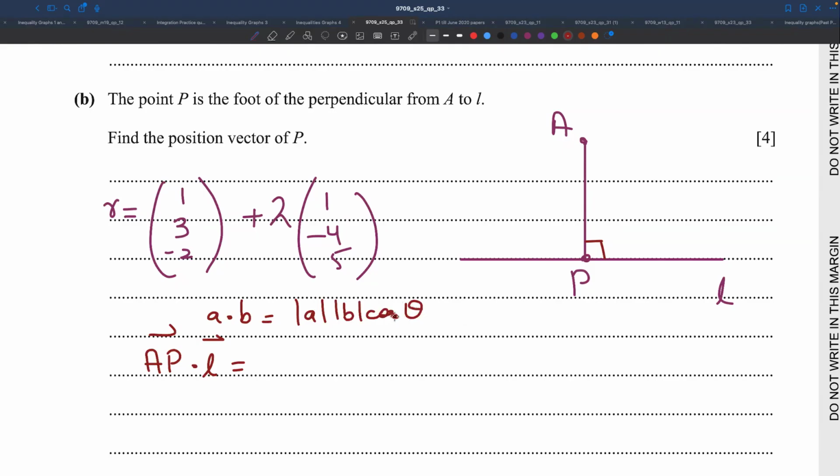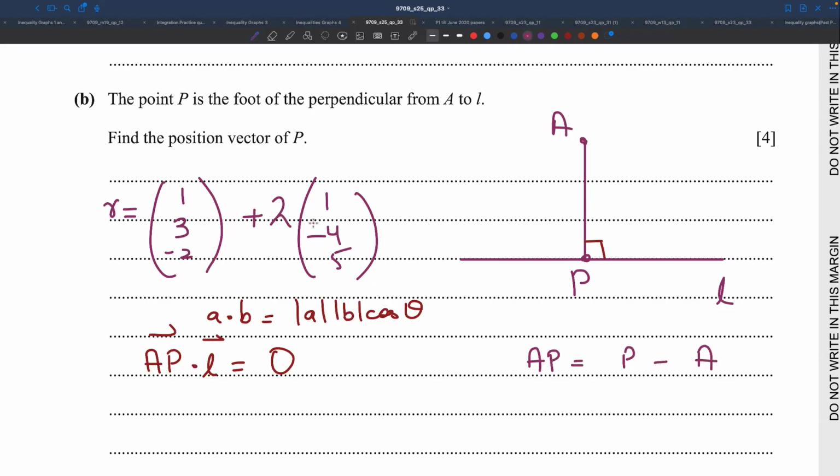We know theta is 90 because it's perpendicular. Cos 90 is 0, so this will be equal to 0. So first we need AP. We already have the direction of line L. How will we find AP? AP would be P minus A.